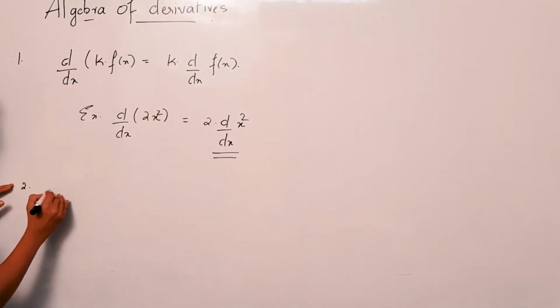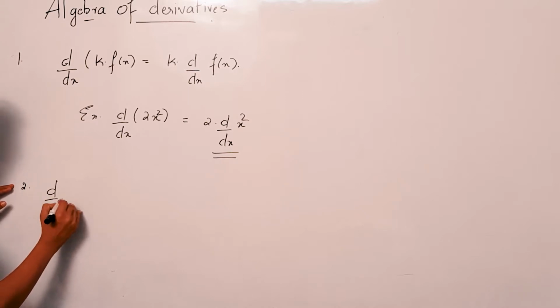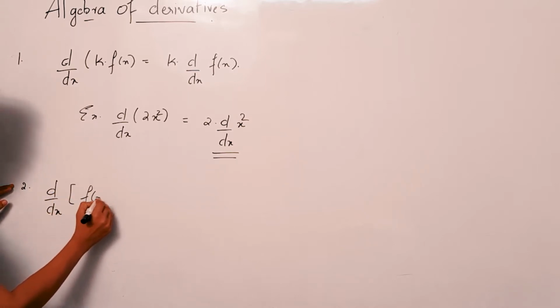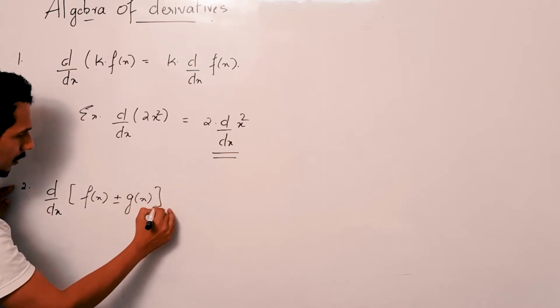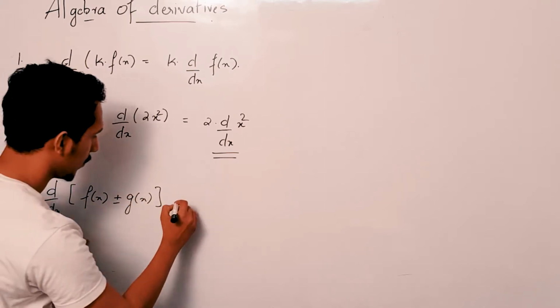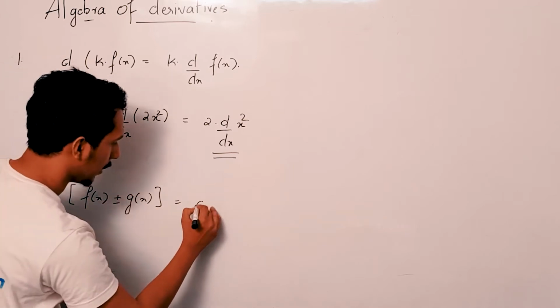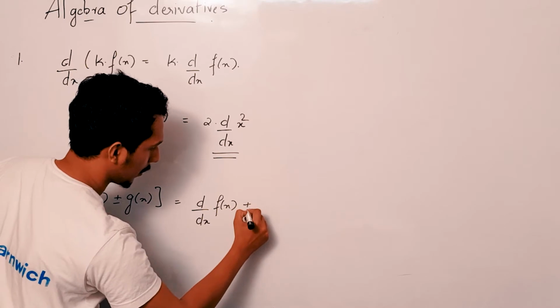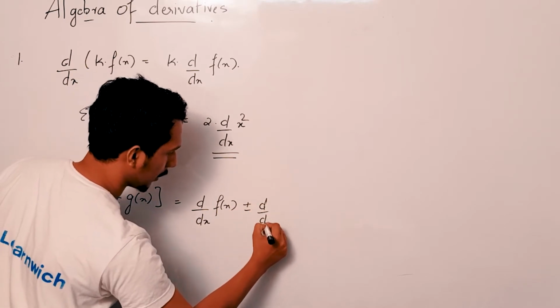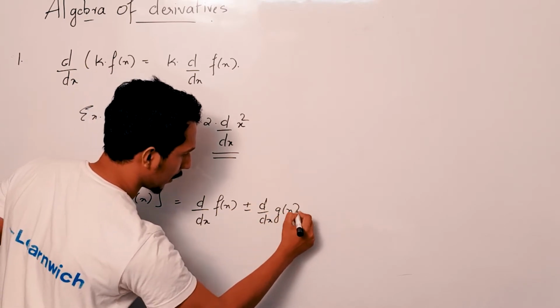The next is d by dx of the sum or difference of two functions, f of x plus or minus g of x. Then by the distributive law, you can simply take it inside, and that will be d by dx of f of x plus or minus d by dx of g of x.